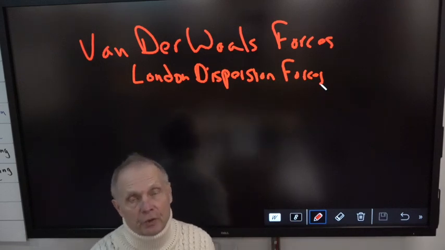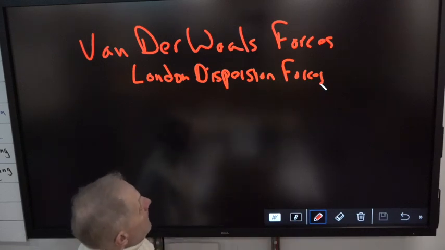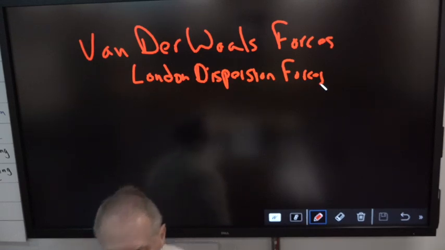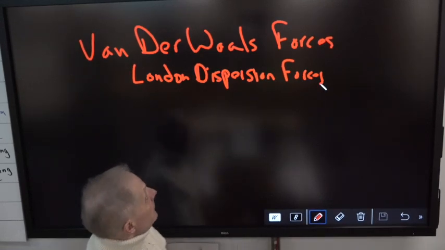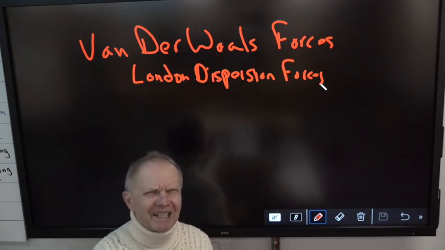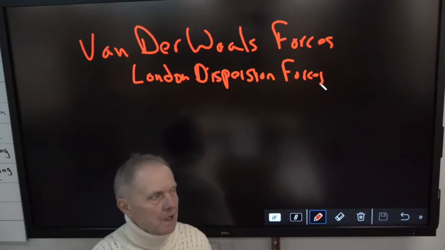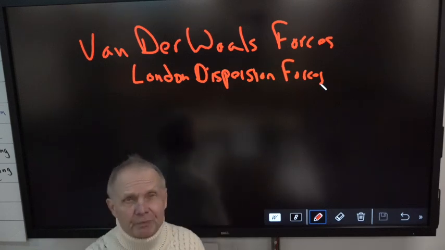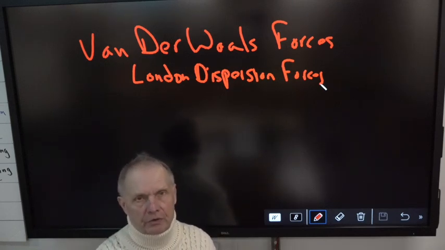I like van der Waals forces. So this one is very strange because this bond is super weak, but it's between things that shouldn't attract each other. Van der Waals forces is between nonpolar molecules.